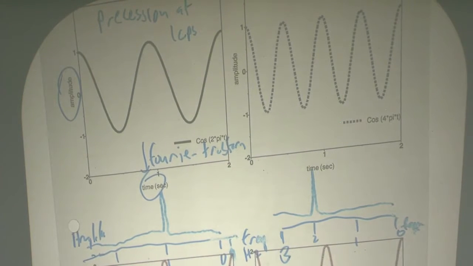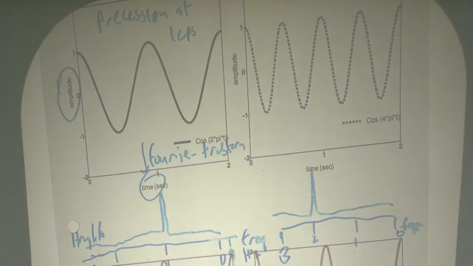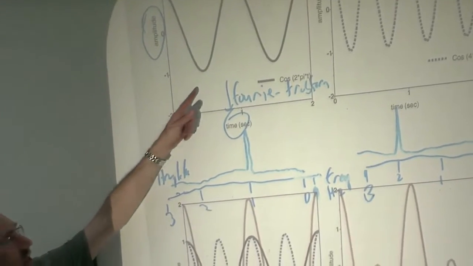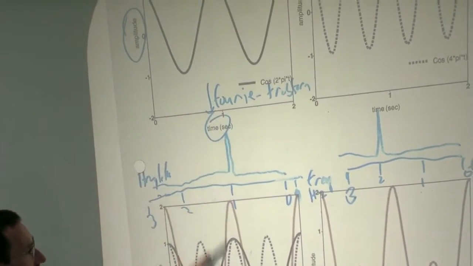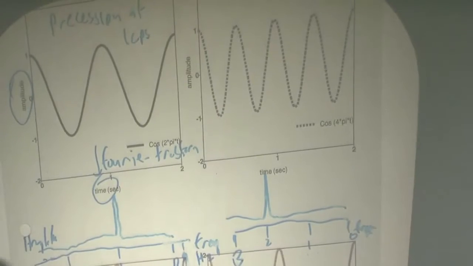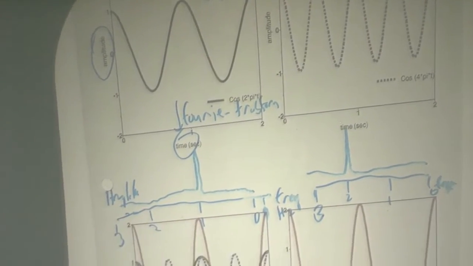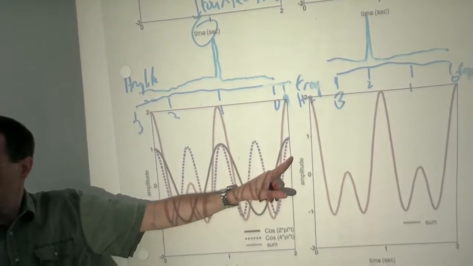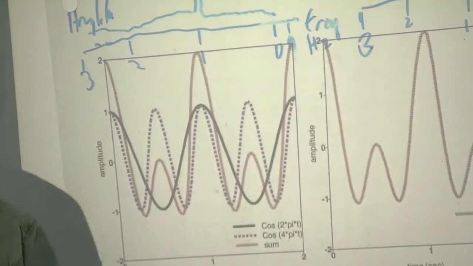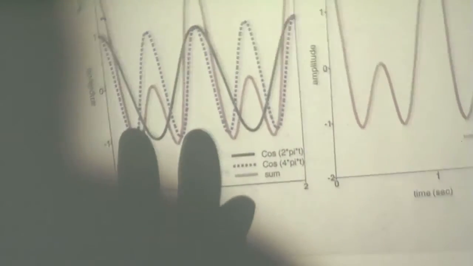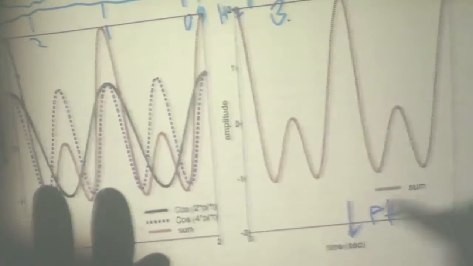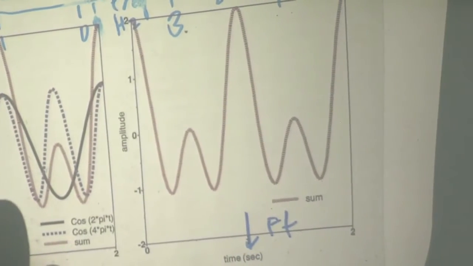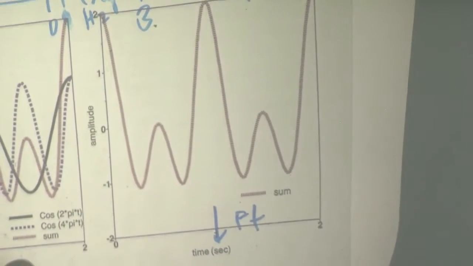And so here what I did, literally, this was just done in Excel as an example, is I took our 1 cycle per second graph, and I took our 2 cycle per second graph, and I added them together to get this red curve. And so if we take the Fourier transform of this red curve, again we get frequency.